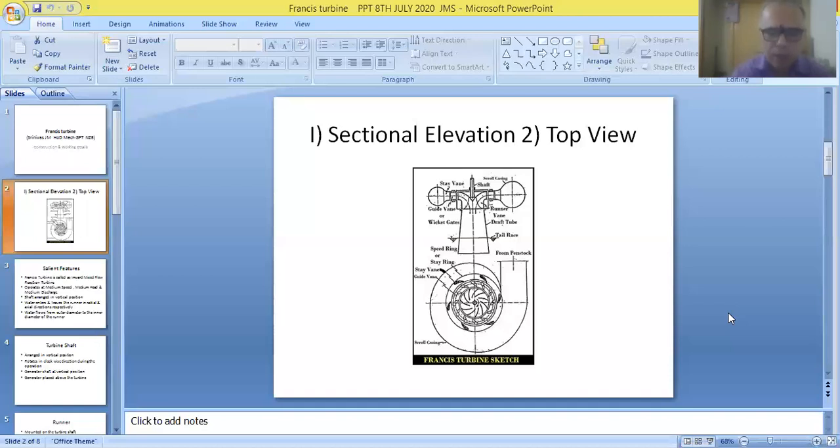So here also the area of cross section is decreasing in the flow direction. So therefore, pressure energy will be getting converted into kinetic energy of the liquid. So therefore, the runner is also used for increasing the kinetic energy of the liquid.